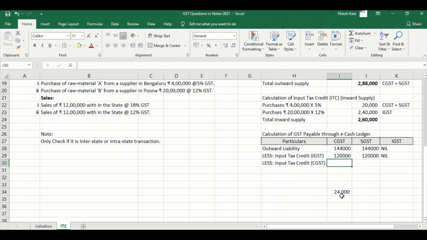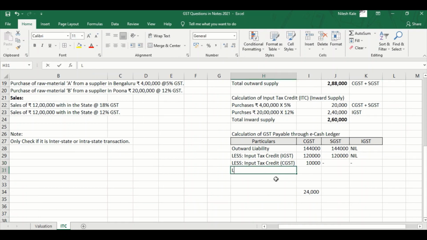What we will do is that 10,000 we will give as CGST, right? CGST credit, how much we had? 10,000. 10,000 I have written here, and I cannot do anything with the SGST. I will put a dash over there, and IGST I cannot do anything.